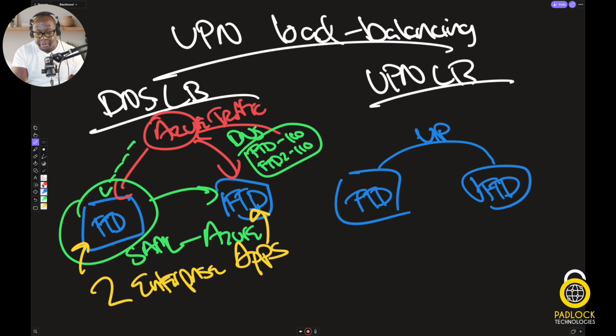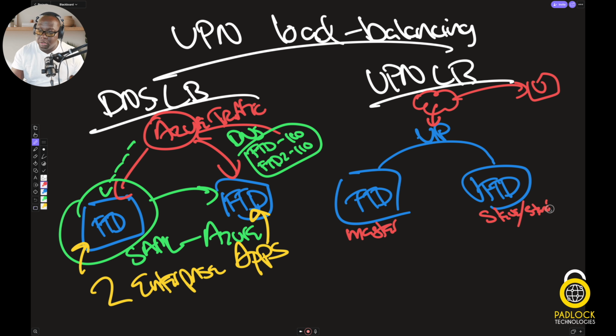And then people from the outside world, the user, is going to come to the VIP. Now, the difference between DNS load balancing and traditional load balancing is the concept of master and slave or standby, right? Active or standby.